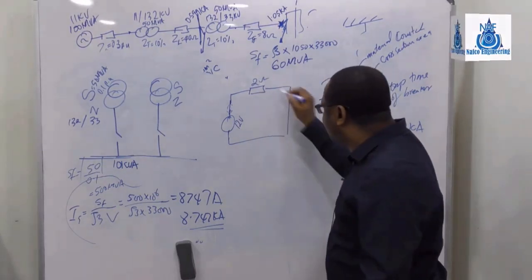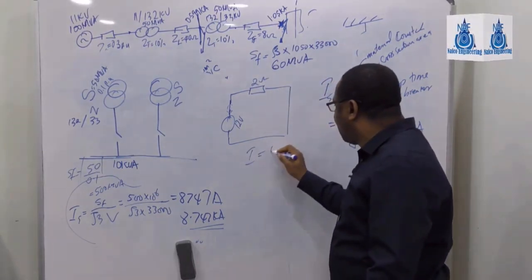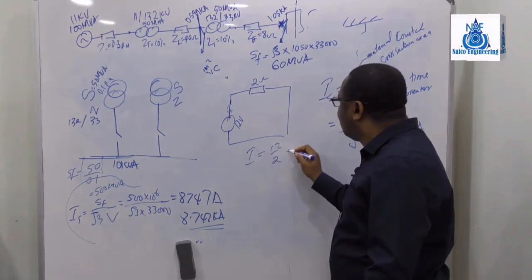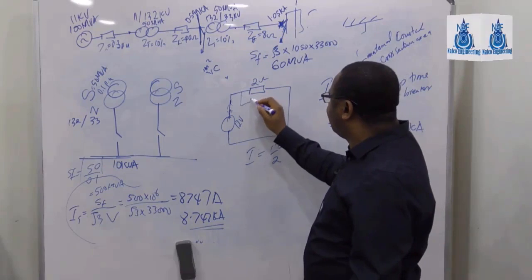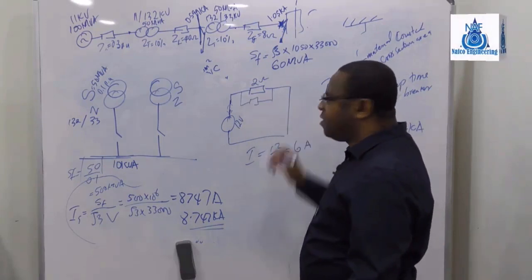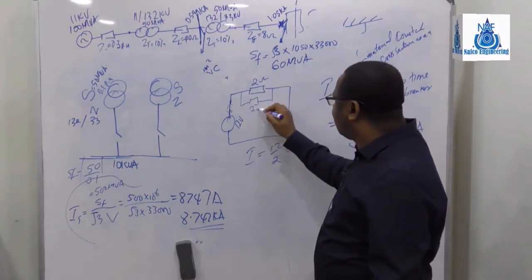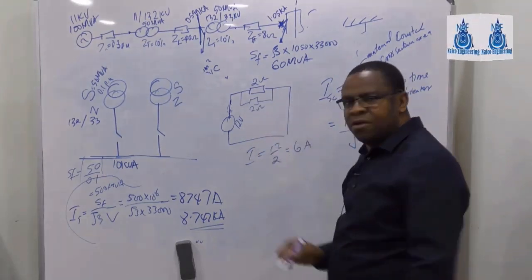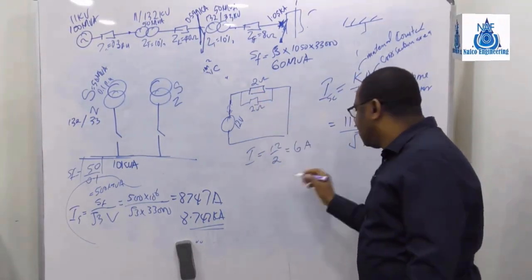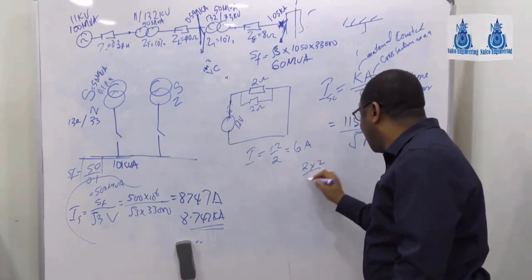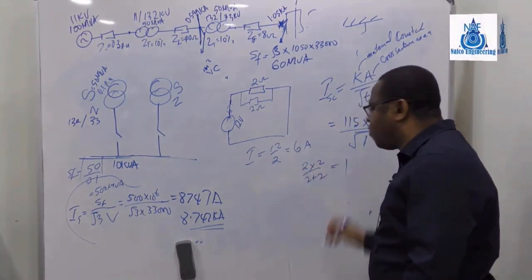How much current will flow through here? It will be 12 over 2, which is 6 amps. What about if I take another resistor like that and put it in parallel, another 2 ohms? How much will now flow? If you check this parallel, this is 2 times 2 over 2 plus 2, which equals 1.